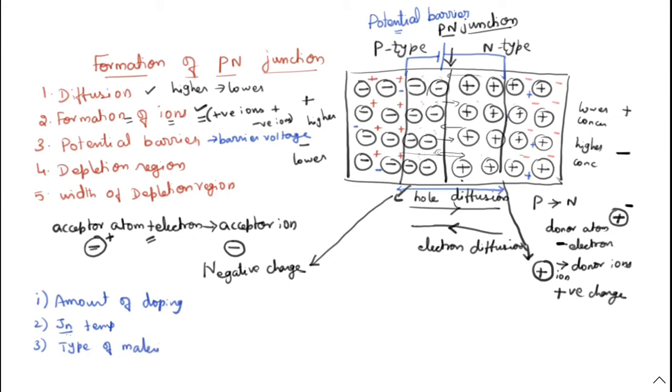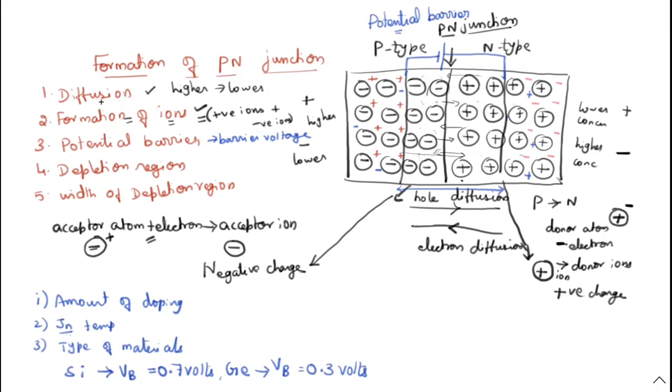For example, if you take silicon, its barrier potential VB is equal to 0.7 volts. If you consider germanium, its potential barrier is equal to 0.3 volts. So depending upon the material, the potential barrier varies. That we have to understand clearly.